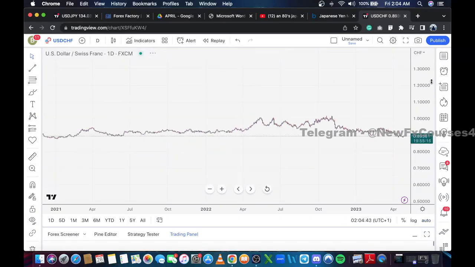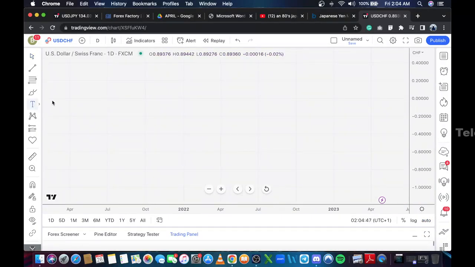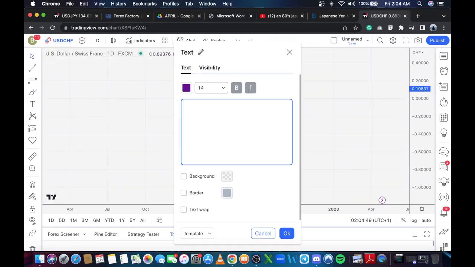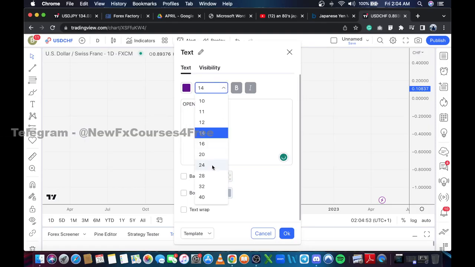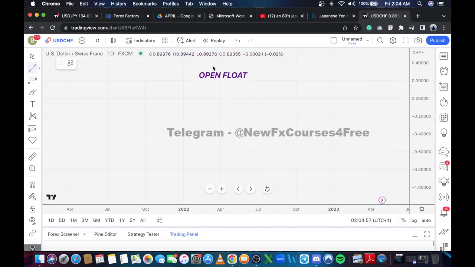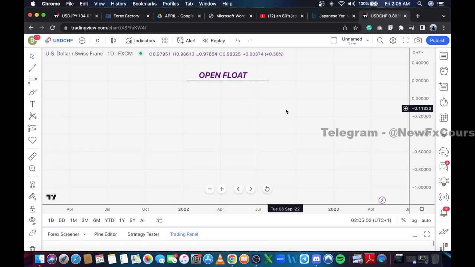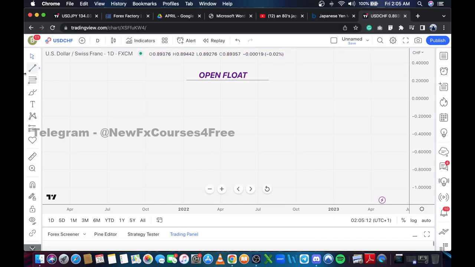Alright, so we're gonna start with defining what open float is in price. So what is open float? Open float is the current open interest above and below market price. Okay, so let's type this out.